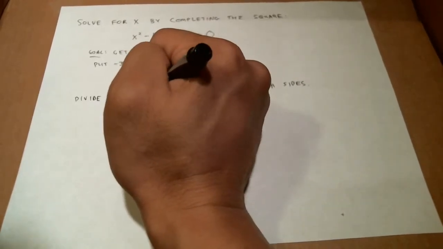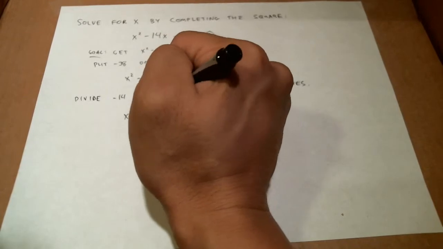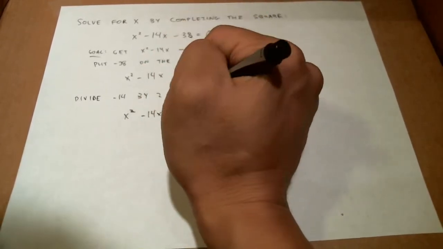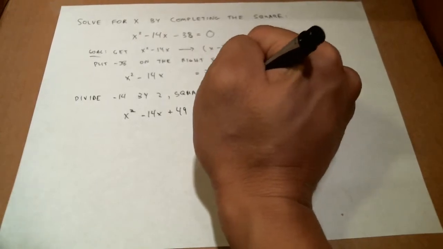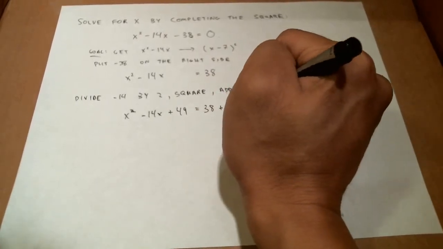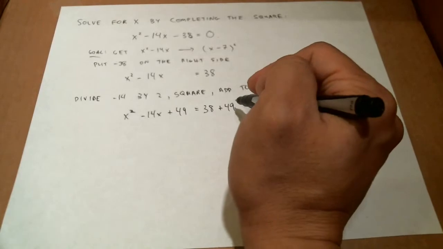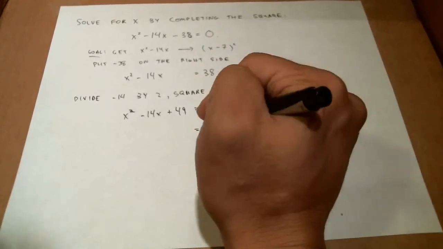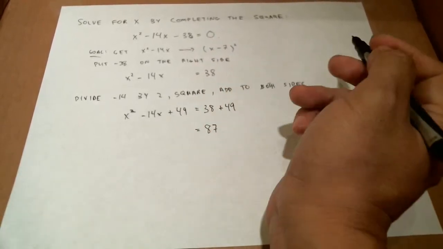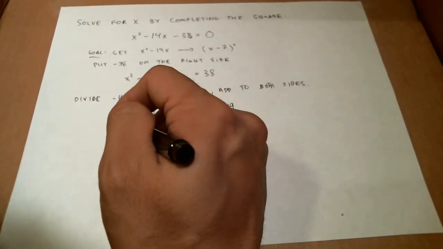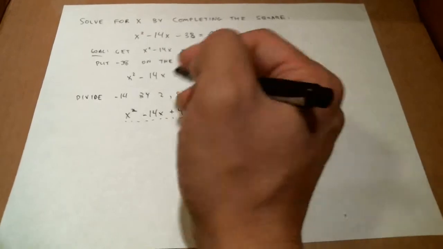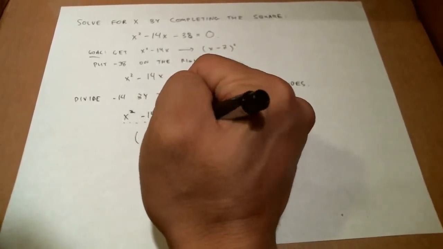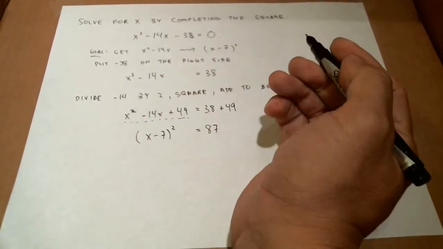Right, so we have x squared minus 14x plus 49, right, equals 38 plus 49, right? And so on the right side, we end up with an 87, right? But the thing to notice on the left side is this entire three-term expression can actually be rewritten as x minus 7 parentheses squared, right?